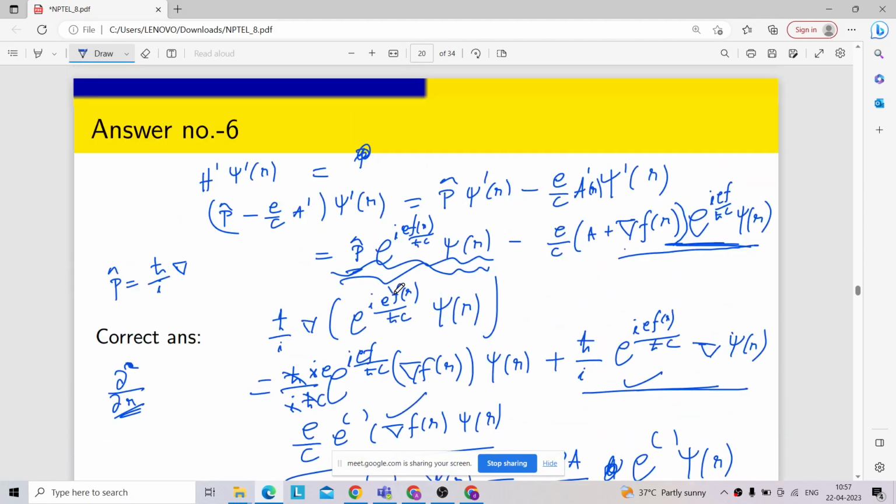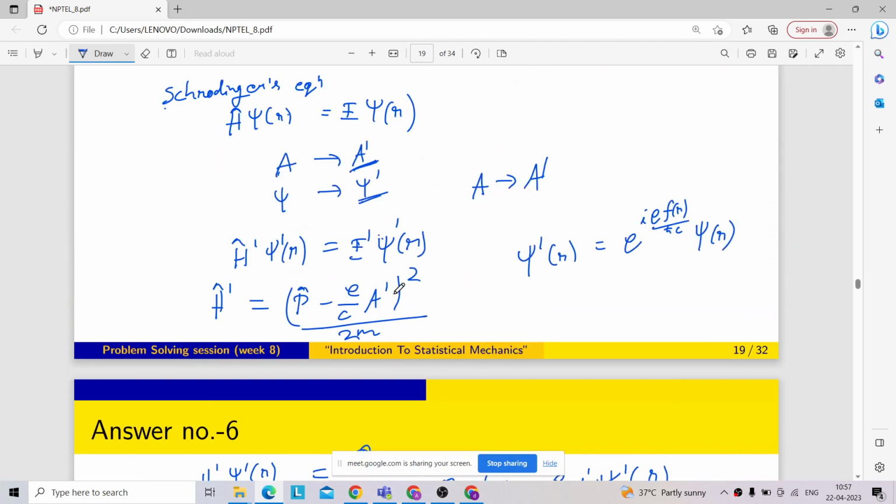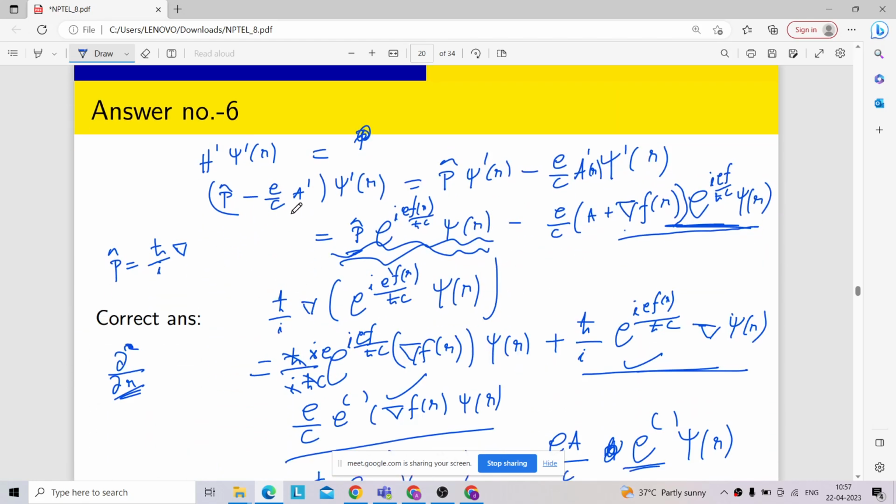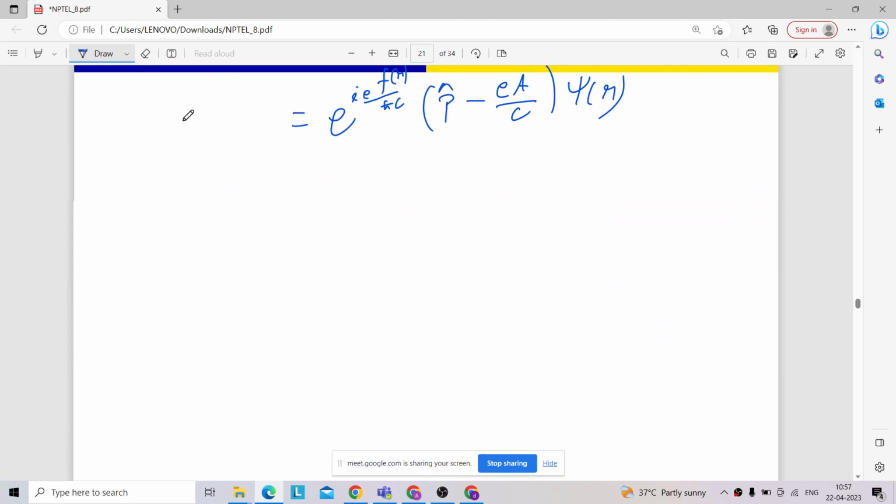So we started with this. We operated P minus e over c A prime on psi prime, and we got P minus e A prime over c operating on psi prime of r, and we got this.